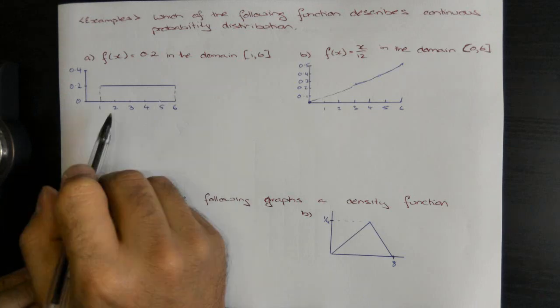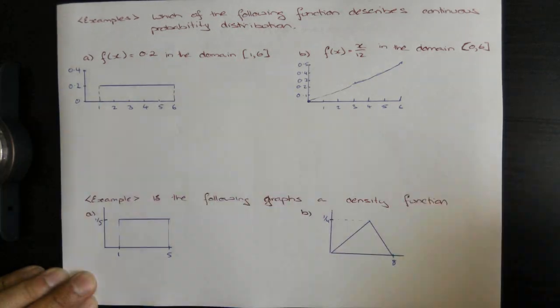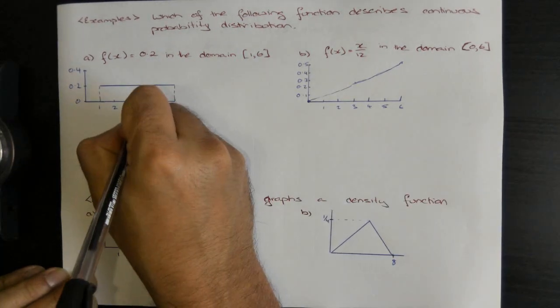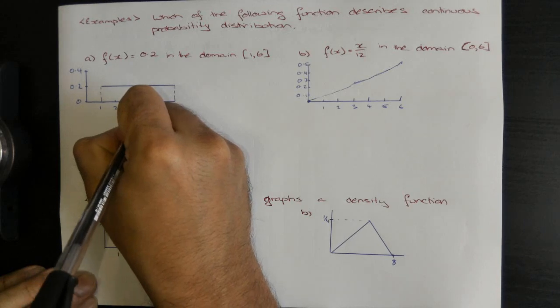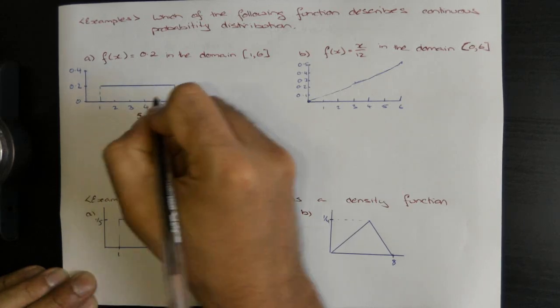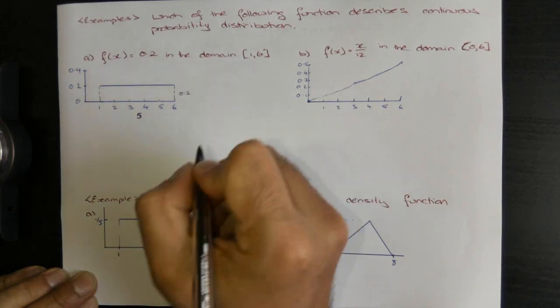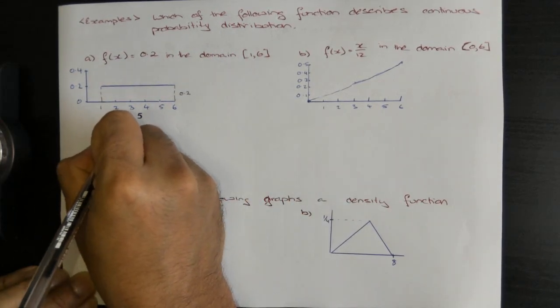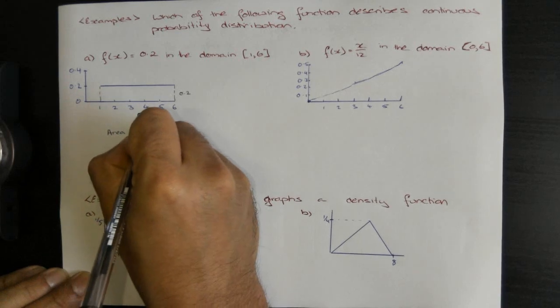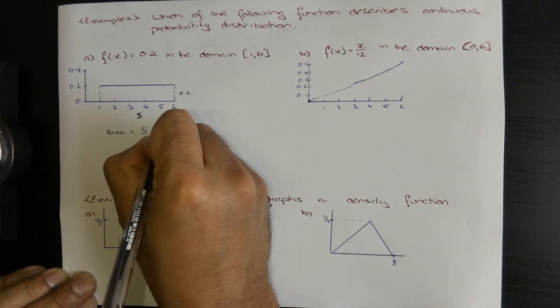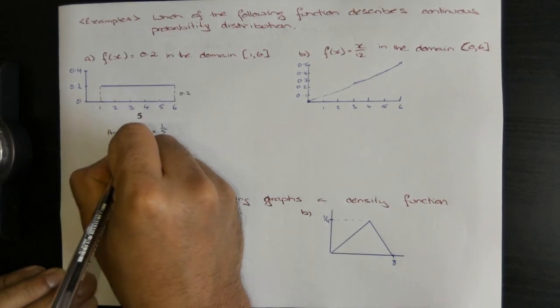So 6 take away 1 gives us a width of 5, and it has a height of 0.2 or 1/5. So the area is the length times the width, which will give us 1.